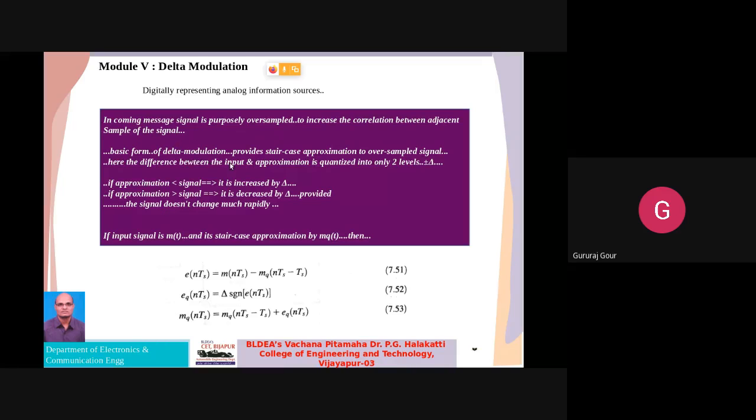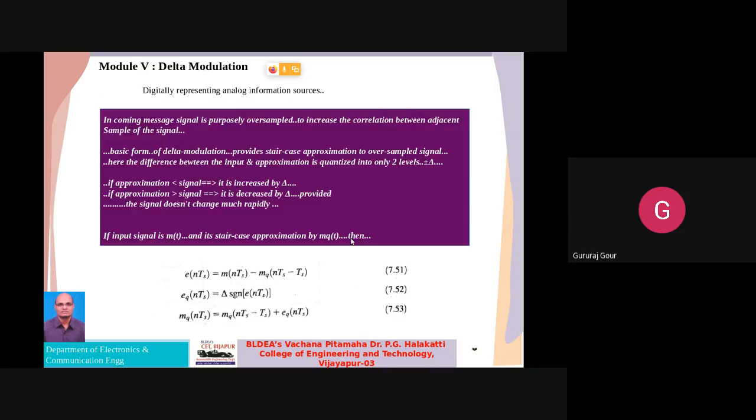In basic form, delta modulation provides a staircase type of approximation to this oversampled signal, as you can see. Suppose m of t is your message signal, then the oversampled delta modulated staircase approximated signal is this. That is the staircase approximation to m of t, that is mq of t. So how will it be done?